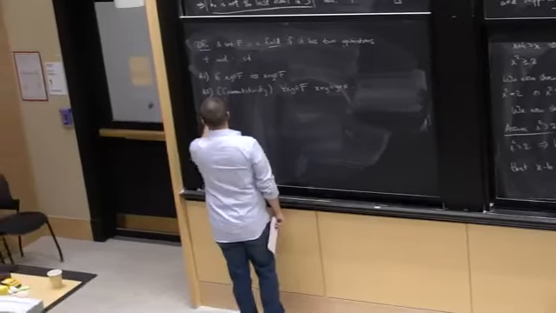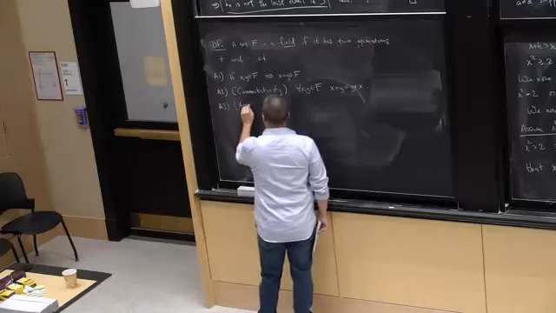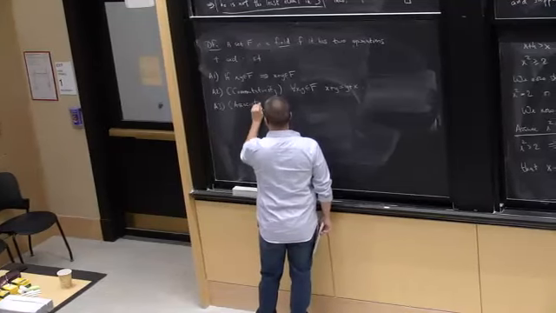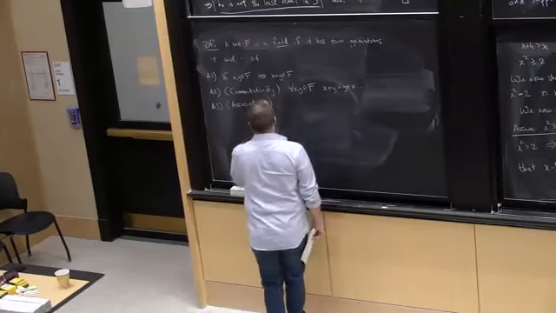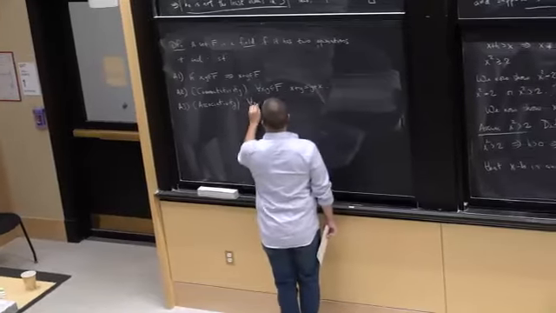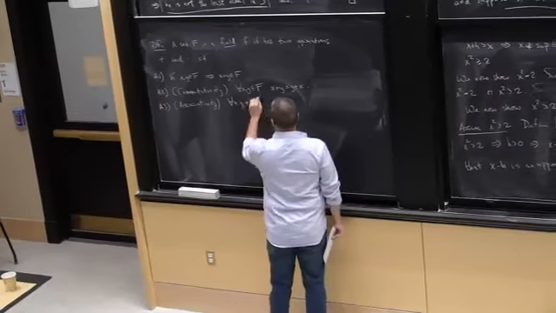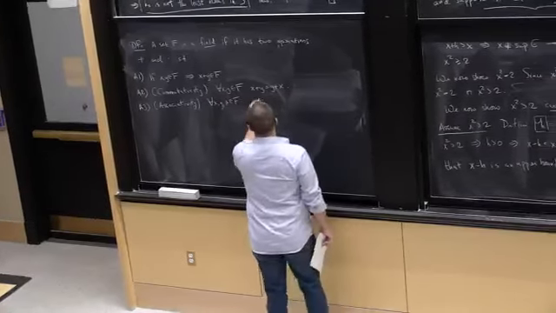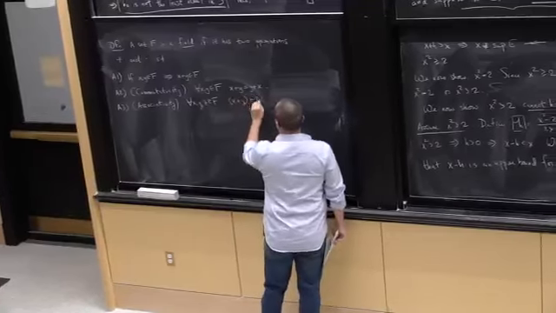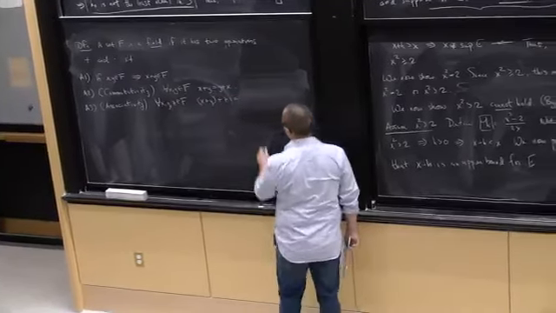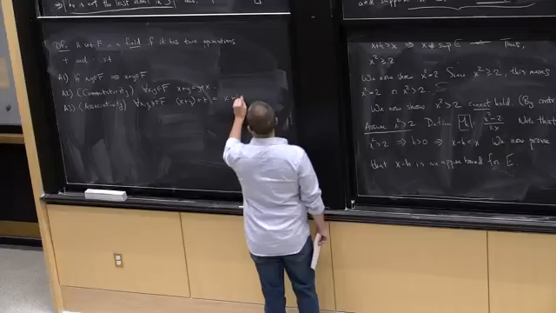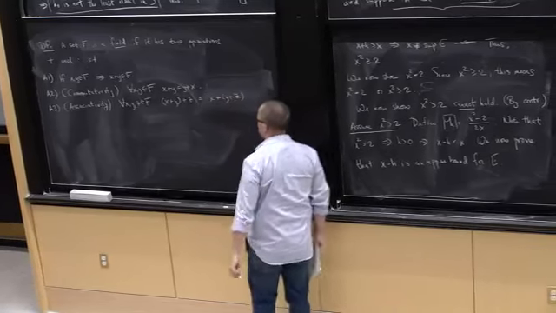Associativity. This is a condition that for all x, y, z in F, if I add x and y and then add z, this is equal to adding x to the sum of y and z.